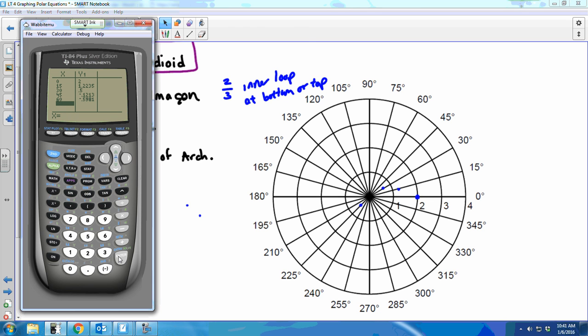Do 60. At 60, I get negative 0.5-ish. And since it's negative, I have to go down here to 240 and graph 0.5. 75 is negative 0.9, so I have to go down to 255 and put 0.9. Questions about that?